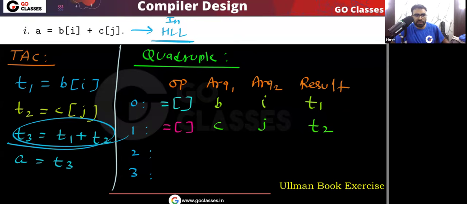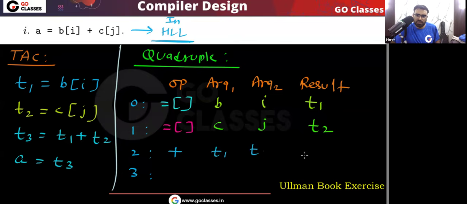For the next, the operator is plus, the arguments are t1 and t2, and the result is stored in t3. Then for the last instruction, the operator is assignment and the argument is t3. There is no second argument, and the result is stored in a. So this is the quadruple representation.